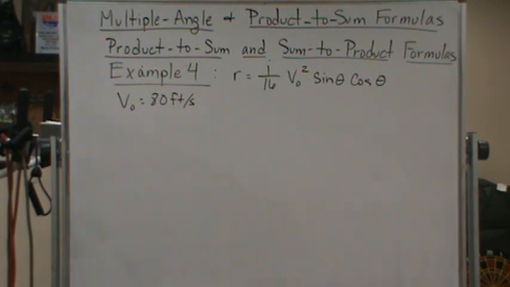Part A says, rewrite the projectile motion model in terms of the first power of the sine of a multiple angle.